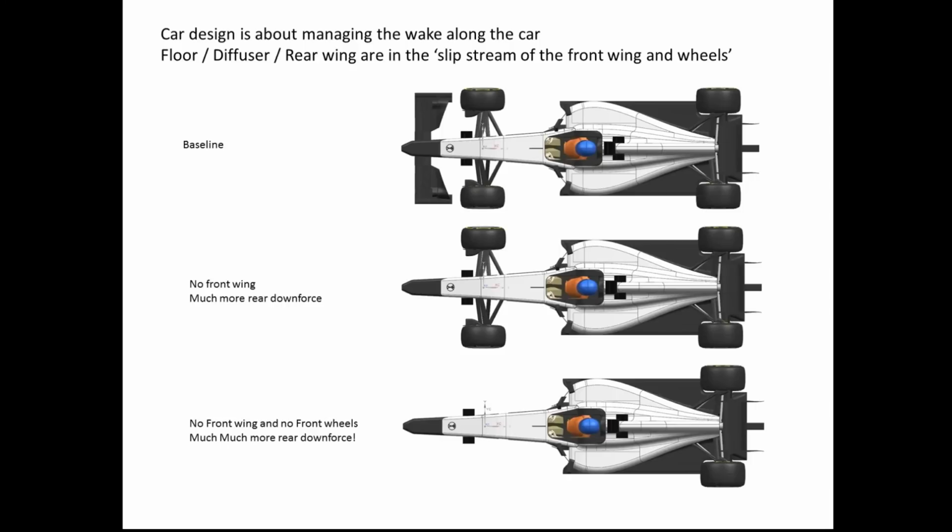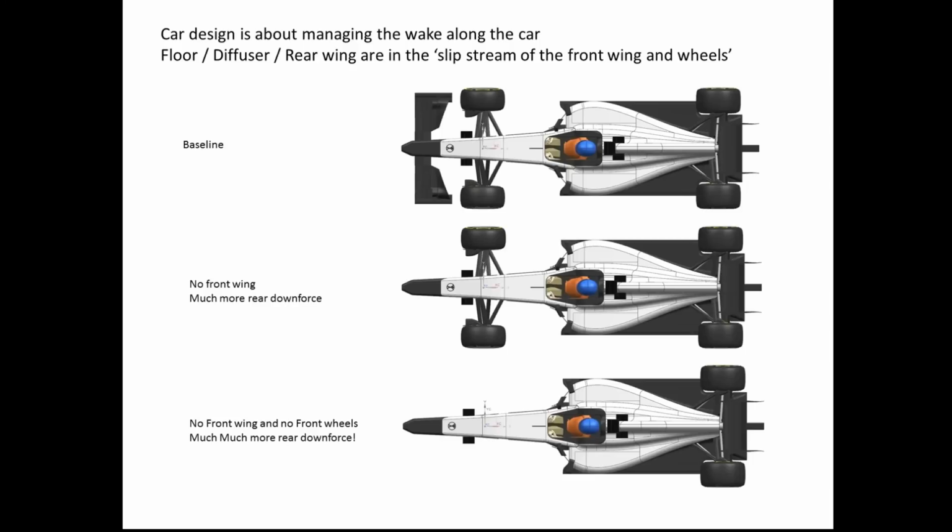So as a designer, to optimize a Formula One car, you really have to not only work on the shape of the component you want to improve, but also think of what's in front of it.